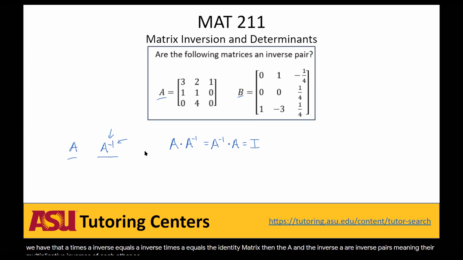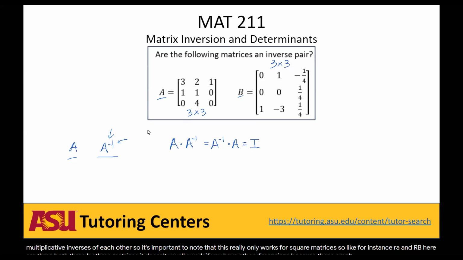It's important to note that this really only works for square matrices. For instance, our A and our B here are both 3 by 3 matrices. It doesn't usually work if you have other dimensions because those don't have inverses.